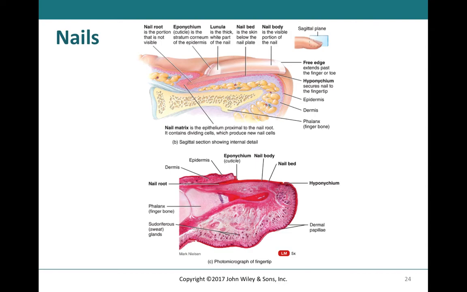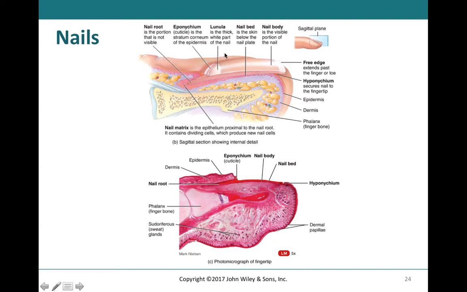So here you just see a more detailed image going into our nail matrix, where we actually have the dividing cells giving you new nail cells. The nail root, this portion is not actually visible. The eponychium, that's your cuticle. It's going to actually be the stratum corneum layer.